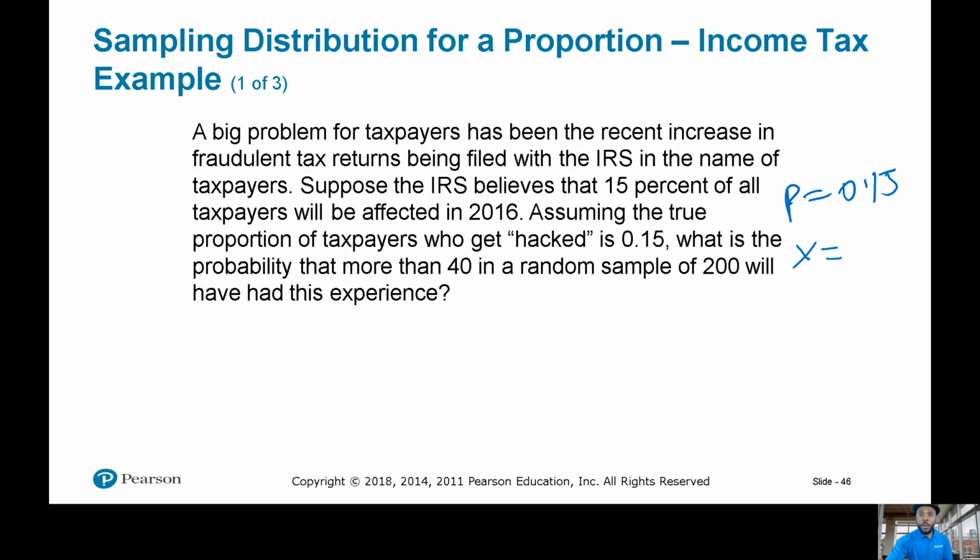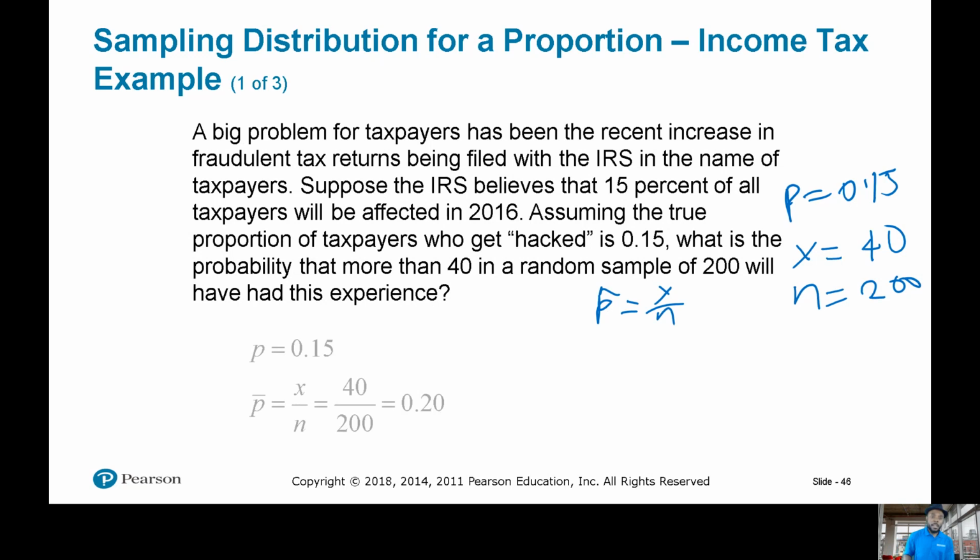X is the number of items in the population having the attribute of interest. So X here is 40. And N is 200. So what does that mean? That our P hat is simply X over N. So P is this and P hat is that.